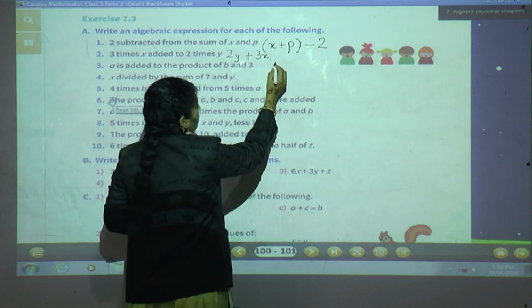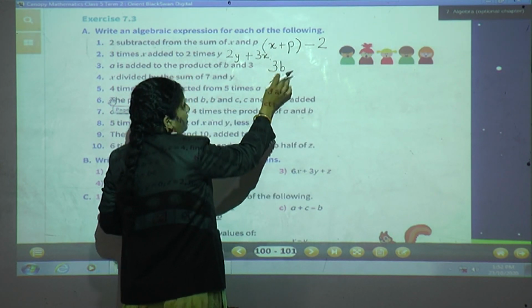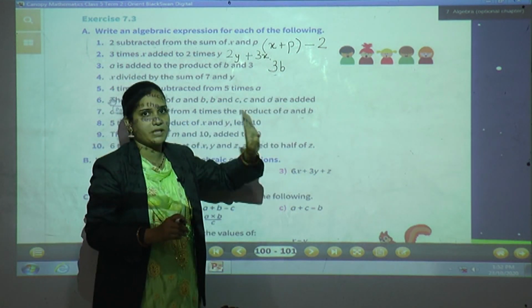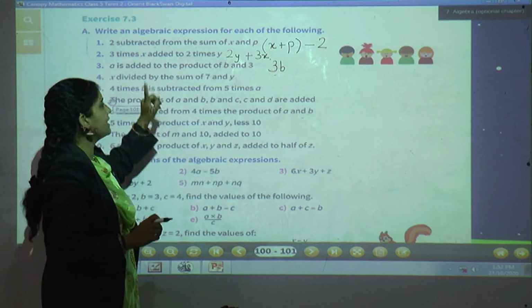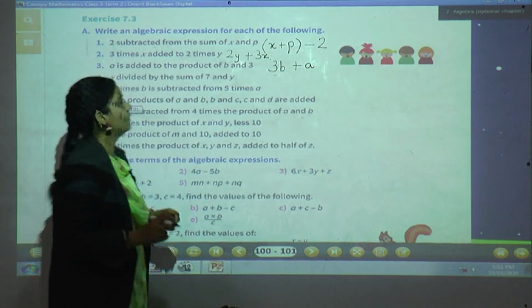So first we will write the product of b and 3, 3b, isn't it? Product means multiplication, and we omit the multiplication sign, so that's why here 3b. And a is added, so just add a.